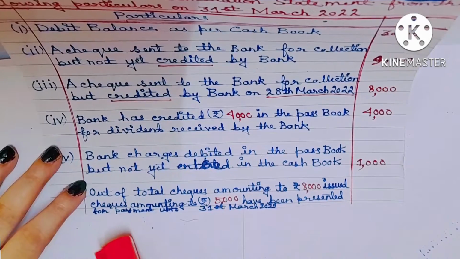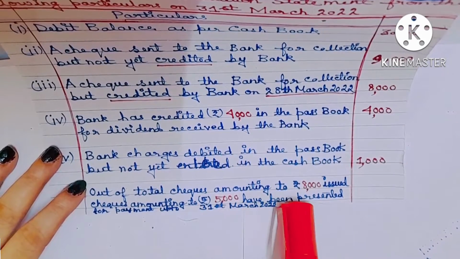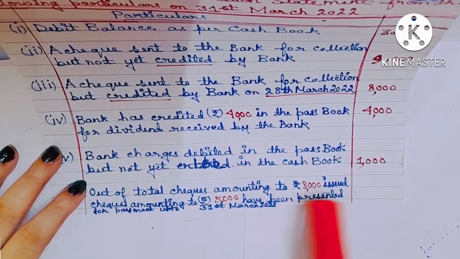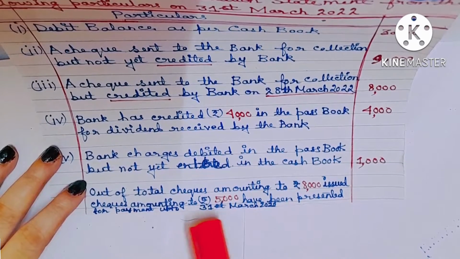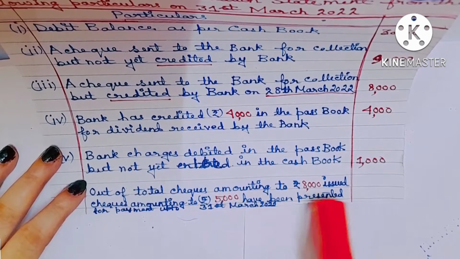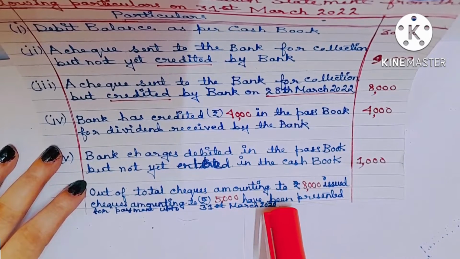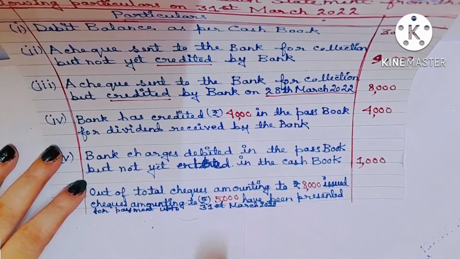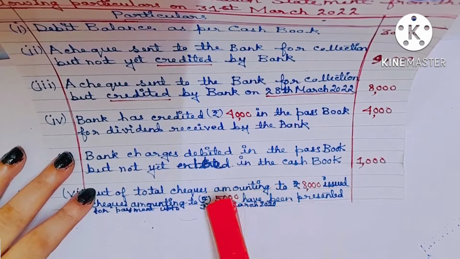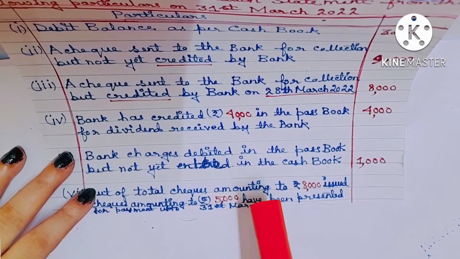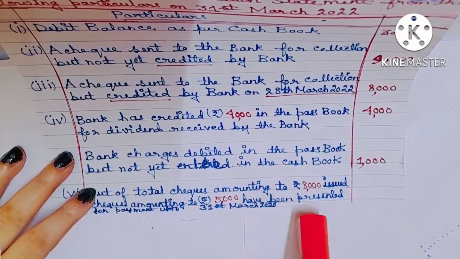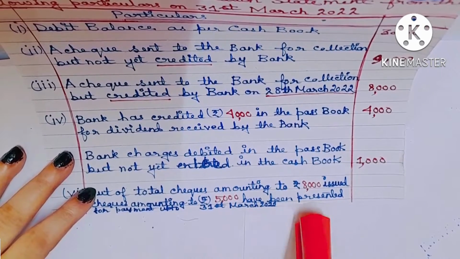So total checks amounting to rupees 8000, let's say one check is 5000, another check is 3000. Out of the total checks amounting to rupees 8000 issued or paid to a creditor, checks amounting to rupees 5000 have been presented for payment up to or within 31st March 2022. That means the check of rupees 5000 within 31st March has been presented or recorded in the withdrawal column or debit column of the passbook.